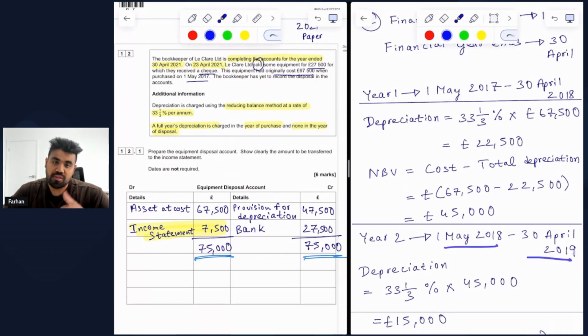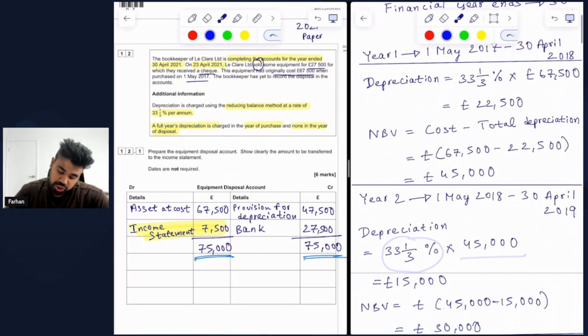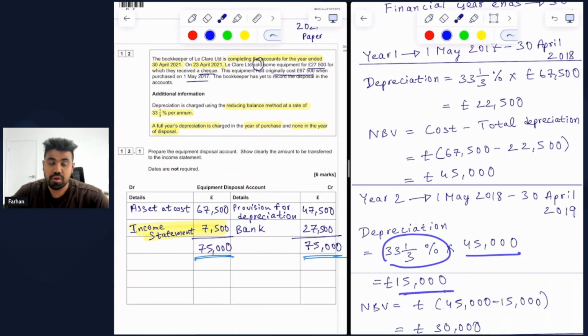When you move to the second year of calculation, you apply the percentage, which is 33.33%, on the net book value that you had calculated at the end of year one. And that is how you find the depreciation, by simply taking the percentage that we know and applying it on the net book value that we have calculated at the end of year one. And that's how you get the depreciation expense for year two to be £15,000.